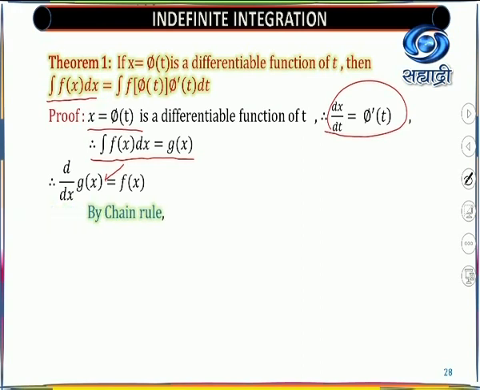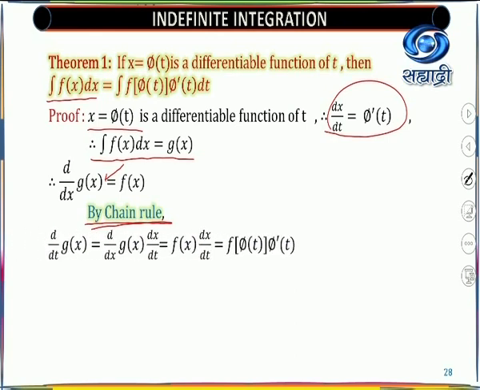What is next? By chain rule. Chain rule you have already studied in the derivative. You need to substitute your x value here. Now you need the derivative of g(x) in terms of t. So chain rule says that d by dt of g(x) equal to d by dx of g(x) times dx upon dt.